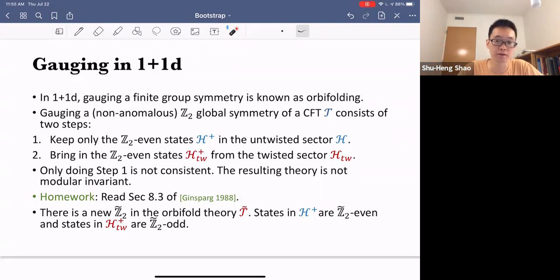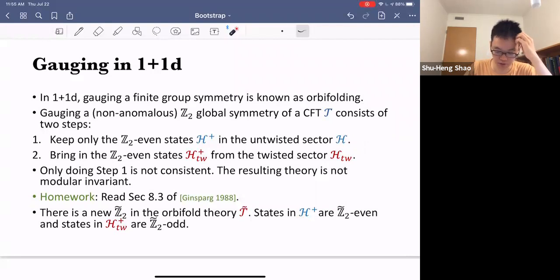In quantum mechanics, that will be all you do, and you'll be done. But in 1+1D, that's not true. You cannot stop at step one. You have to do the second step, which is that you bring in the Z2 even states from the twisted sectors. The reason you cannot stop at step one is because if you only do step one, generally you won't be able to define the resulting CFT on a general Riemann surface.